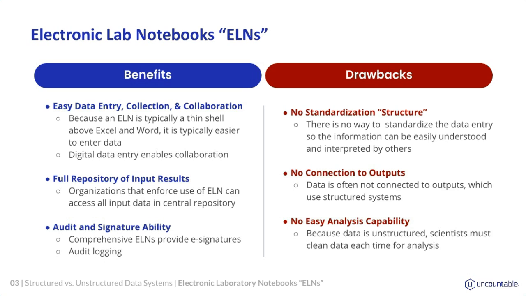The idea here is that ELNs are often great at recording what you did in the experiment, but then you often will record results or outputs somewhere else. Maybe you have a different database that stores your analytical results. Maybe you have technicians giving you back PDFs from the analytical lab of all the results of your data, but then those numbers don't actually end up connected with the ELN. And so you need everything to be standardized and unified before you can actually do analysis or before you can actually use this data in a practical way.